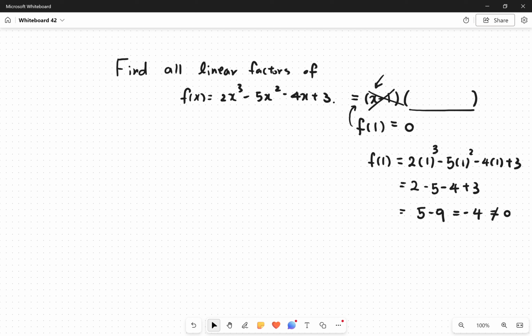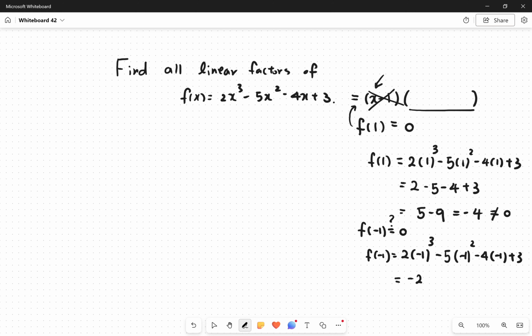The next choice we can try is negative 1, assuming that x plus 1 is a factor. So is this true or not? Let's try. f of negative 1 equals 2 times negative 1 cubed minus 5 times negative 1 squared minus 4 times negative 1 plus 3.